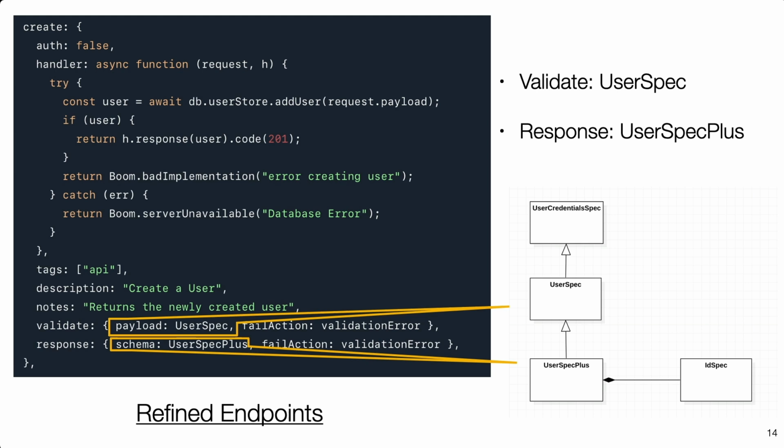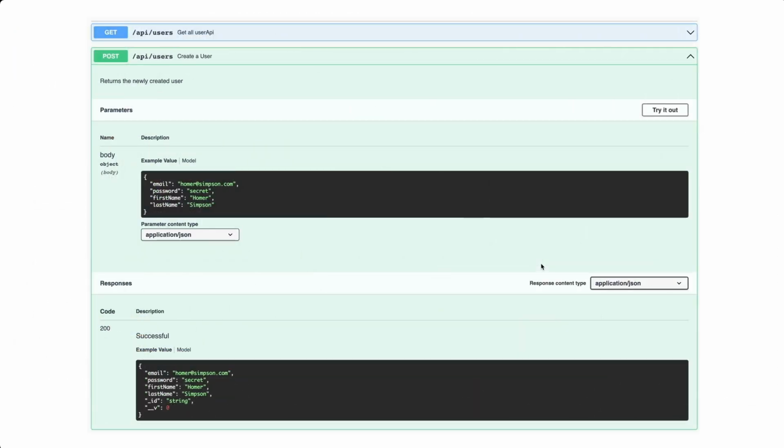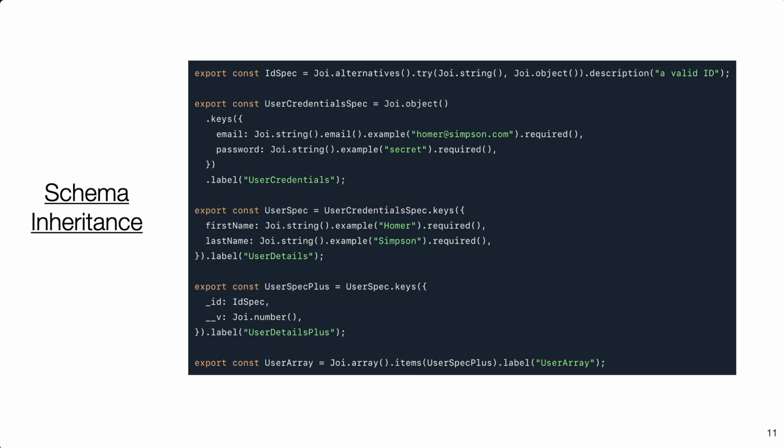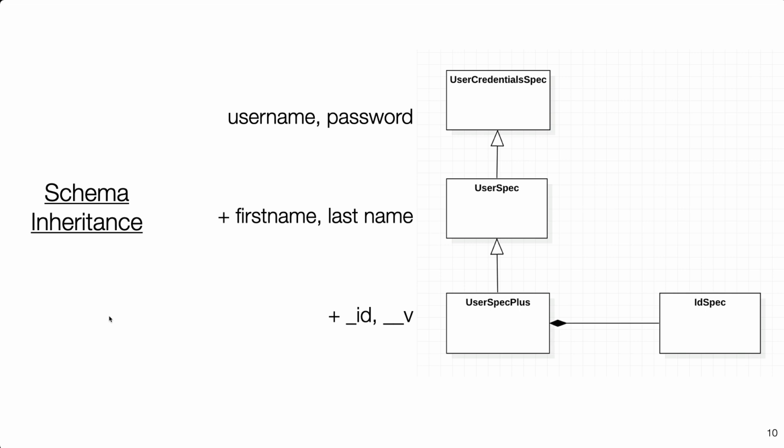This has the effect then of generating the correct documentation for us. When we're creating a user, we just need the four key fields. A successful response will show us the result coming back here. So it's a little bit cryptic to read these, I guess, but the basic idea is that it follows a simple conceptual model of a base type and two derived types, and one type we are using in that context.